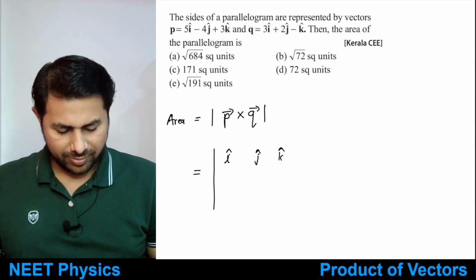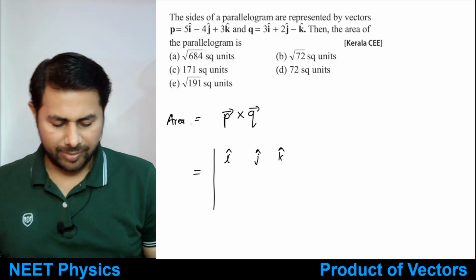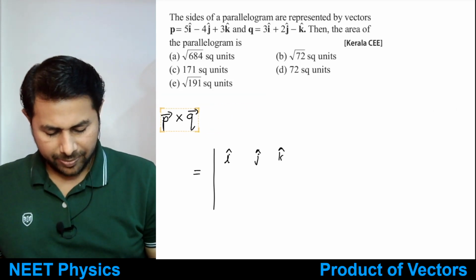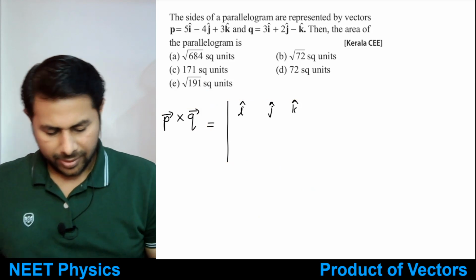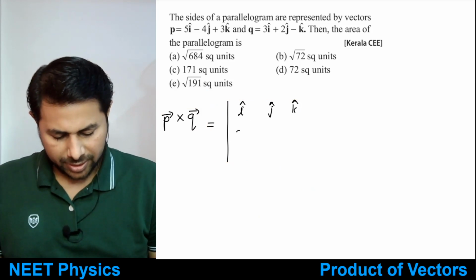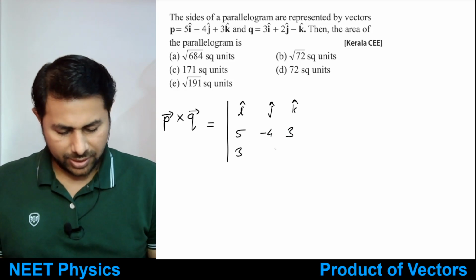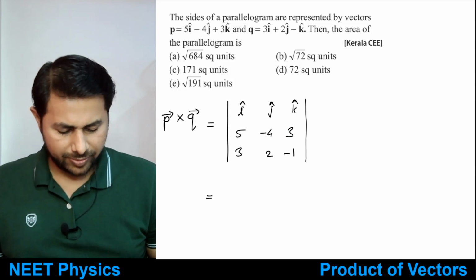So first of all, let's find p bar cross q bar. It's equal to the determinant with I cap j cap k cap, px py pz, that's 5 minus 4 3, and qx qy qz, that is 3 2 minus 1. Just multiply it out.